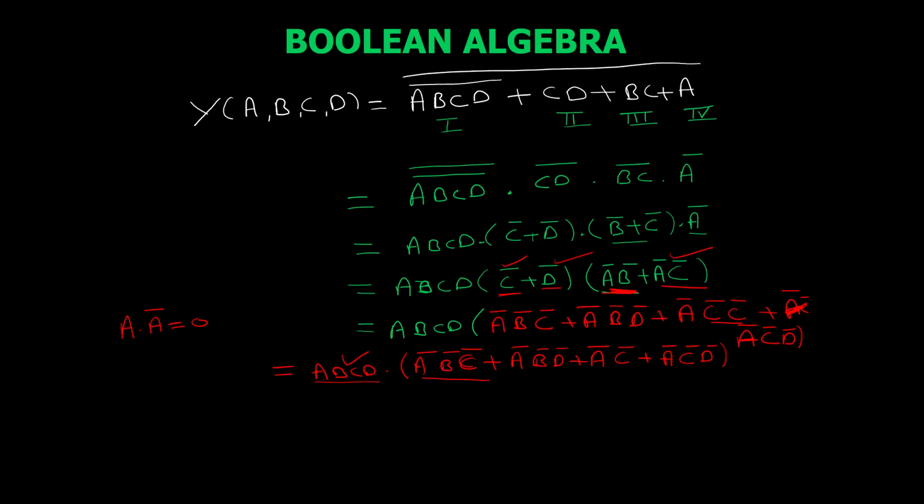If you multiply this term with this term, you will get 0. So the result of this term will be 0. If you multiply this term with this one, again plus 0. You multiply this term with this one, again 0. This term with this term, again 0. So you're getting 0 here. The result would be 0. So this is how we can solve Boolean theorems.